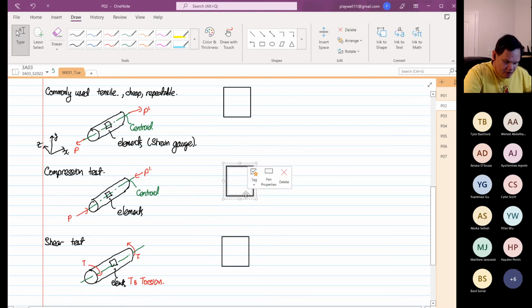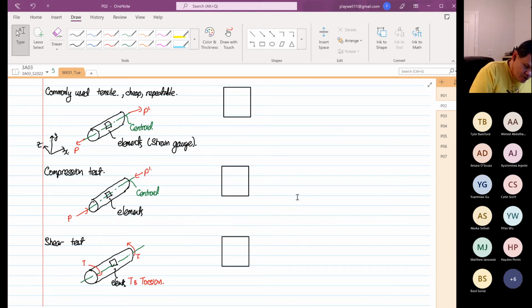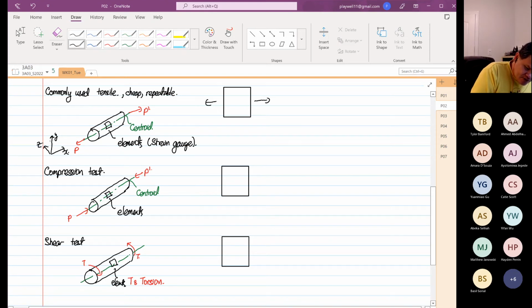Part of the course that you will go through is to determine the stresses on the element. For this case, it's straightforward. You know that this is under tensile. So this is your stress X. It's pulling outwards, it's tensile. The load pushing inwards is what we call compression.